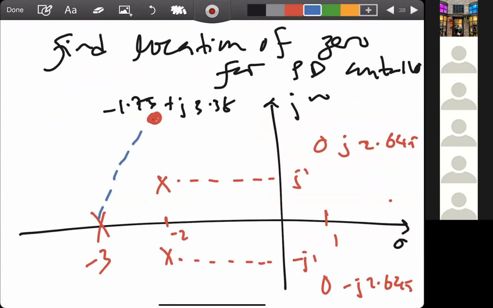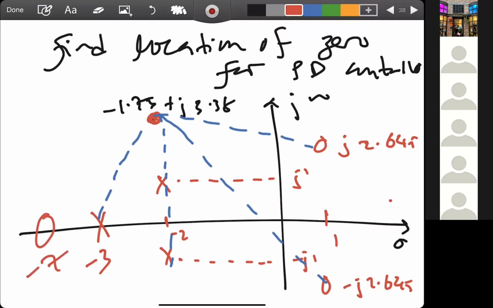So you have to find the angle. Then you put the zero over here. Anywhere, assumption, anywhere. You can put it on the right or on the left, as long as it is visible on the real axis.